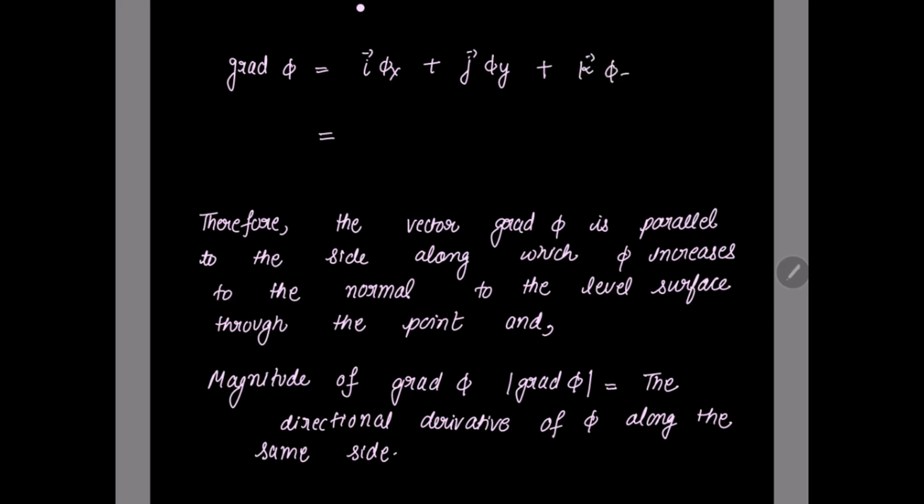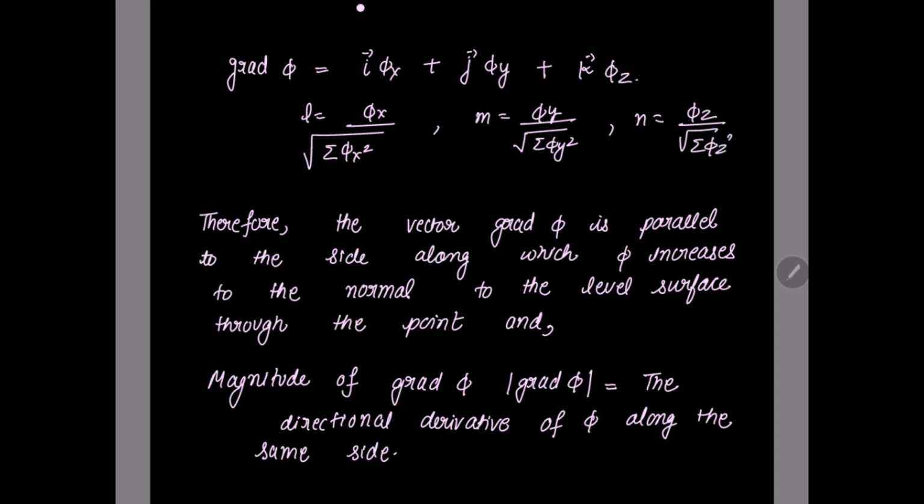So this is phi z, right? So you can see what the direction cosines for this grad phi are. It is phi x over root of summation, that is root of phi x square plus phi y square plus phi z square, alright? And m is phi y over root of summation phi y square, and n is equal to phi z over root of summation phi z square.